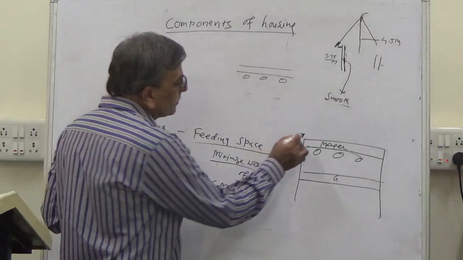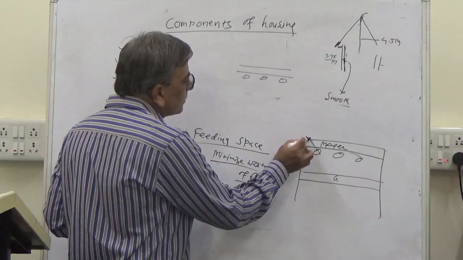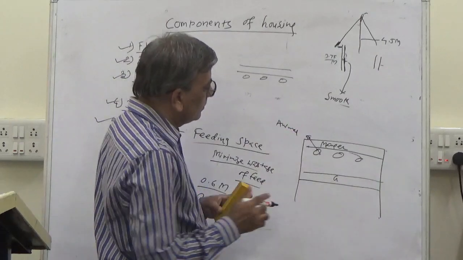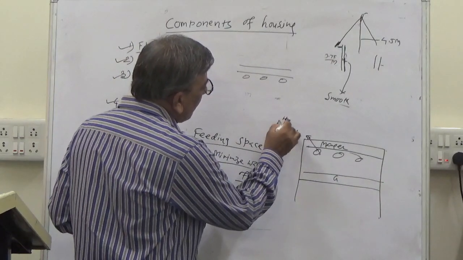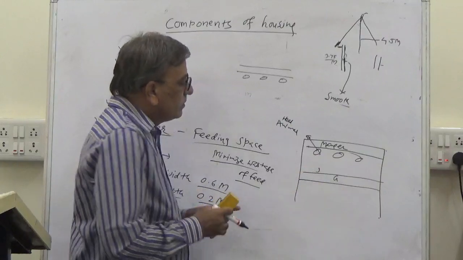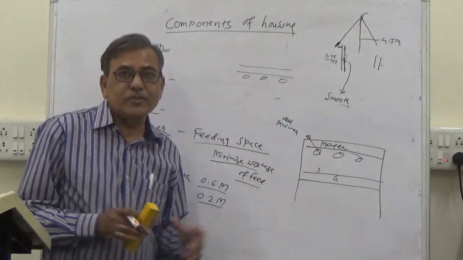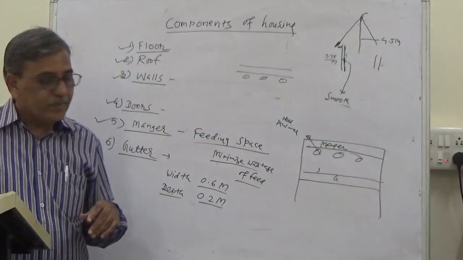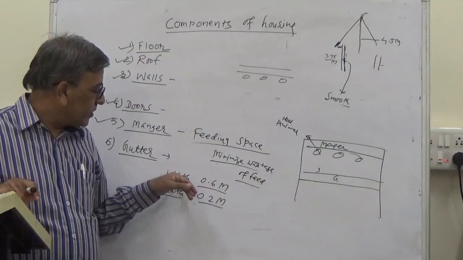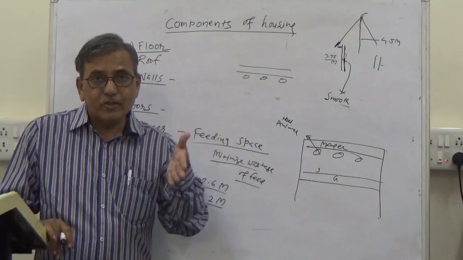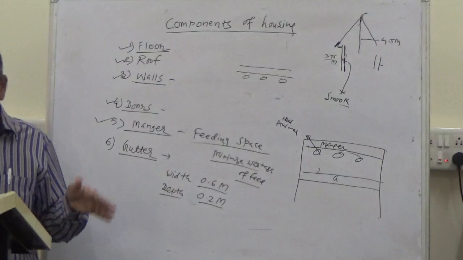These are the animals. This is the head of the animal. So the gutter is located at the posterior side of the animal row, and its width should be 0.6 meters. Its depth should be 0.2 meters. It should be 0.2 meters deep.